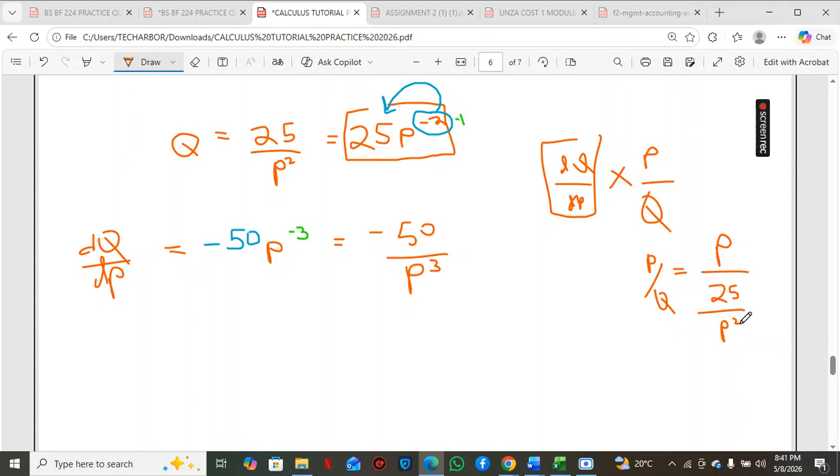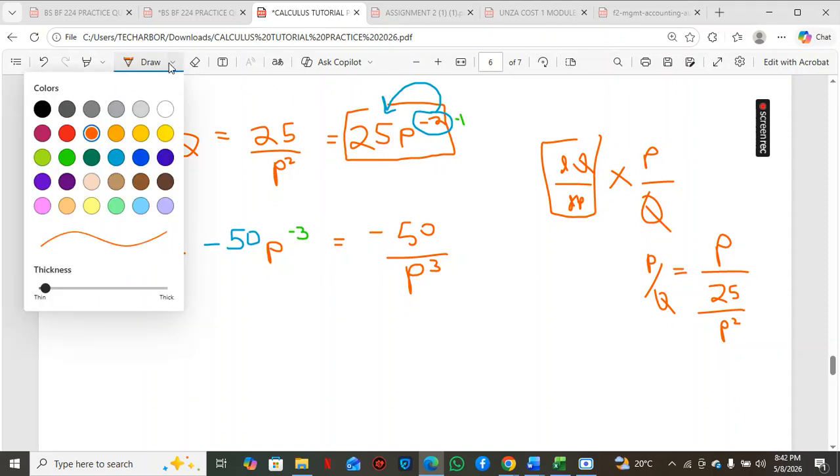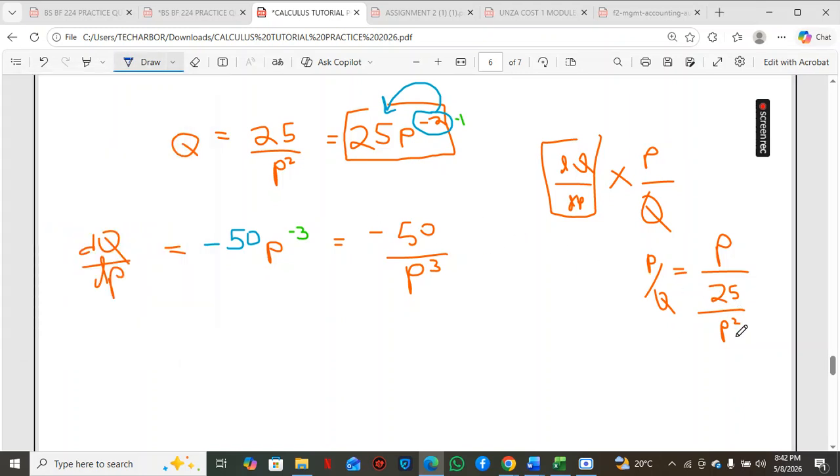So to simplify this fraction, just remember the number at the denominator is always going to go on top, such that it becomes P cubed over 25. Are we okay with this, colleagues, or should I show how this has happened?